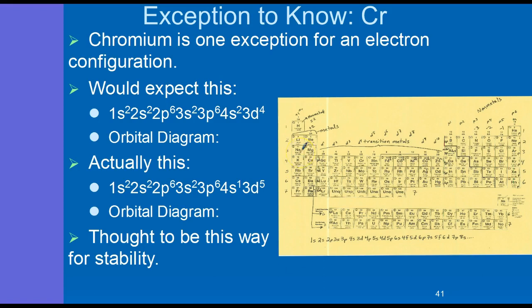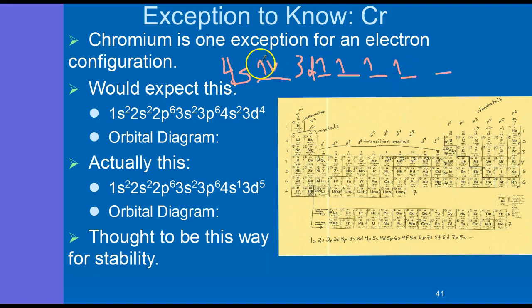but another way to look at it is writing its orbital diagram, and by diagram I mean drawing the arrows. And I am just going to stick with the 4s part, because I'm not going to have enough space here. So 4s would have one line, because it has one orbital. And then the 3d, d's always have 5, so 1, 2, 3, 4, 5. So you would think that it's a 2 and then a 1, 2, 3, 4.